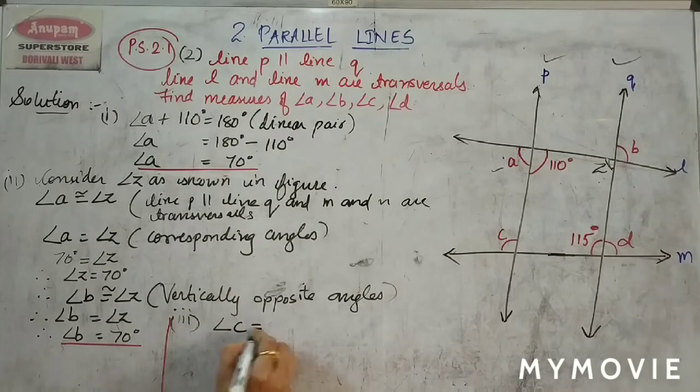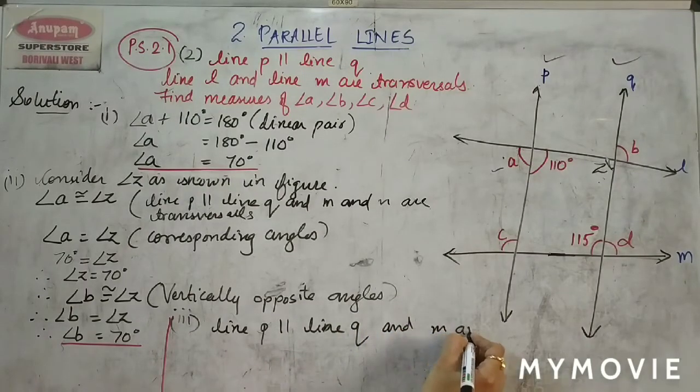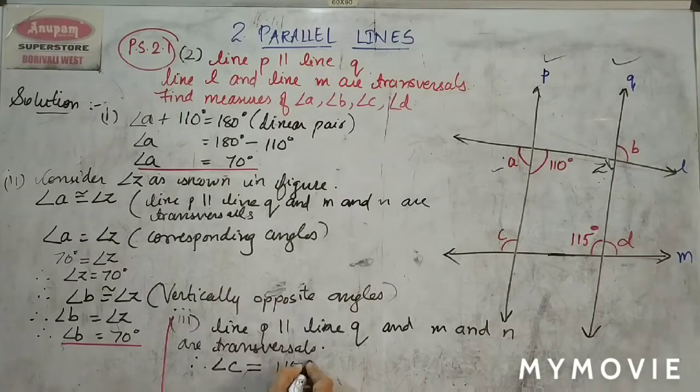Angle C is equal to, before that I need to tell that line P is parallel to line Q, and M and N are transversals. Therefore angle C is equal to 115, and the reason will be corresponding angles.